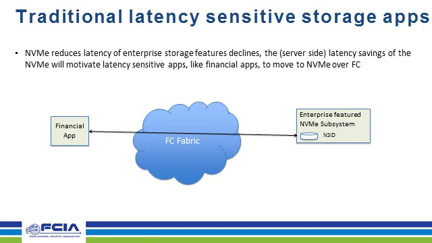Classic SCSI storage arrays probably have a lot of enterprise features, as indicated in this picture, and there's some latency associated with the way those features have been implemented in the past. So reduced latency comes to some degree from the target side and to some degree from the server side I/O stack.